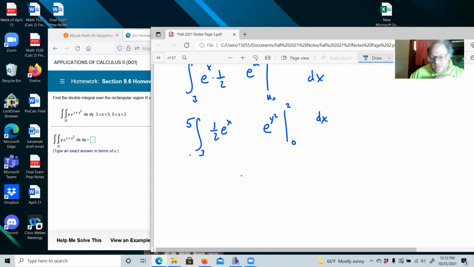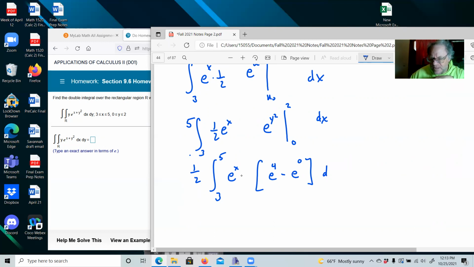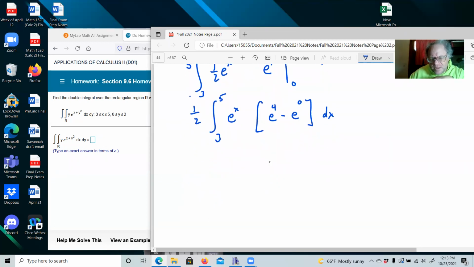Okay. So this is 1/2, 3 to 5, e to the x. And now we have e to the 2 squared. 2 squared is what? 4. Minus e to the 0. What's e to the 0? E to the 0 is 1. So this is e to the 4th minus 1.